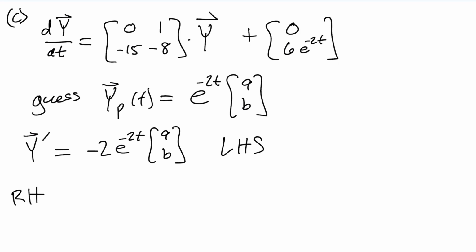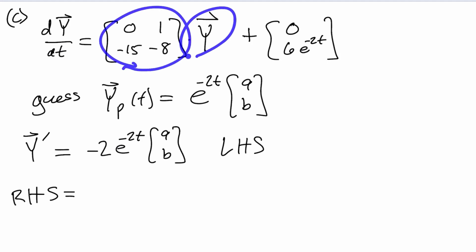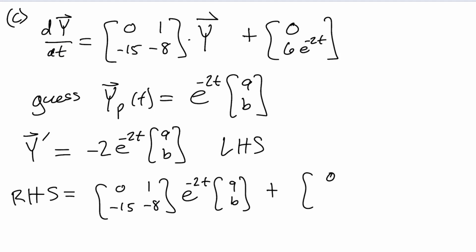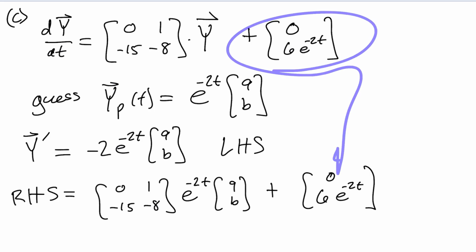The right-hand side says take this matrix A, multiply it by y, and then add that to it. So if I take the matrix 0, 1, negative 15, negative 8, and multiply it times my guess, e to the negative 2t a, b, plus 0, 6 e to the negative 2t, the forcing term right here.